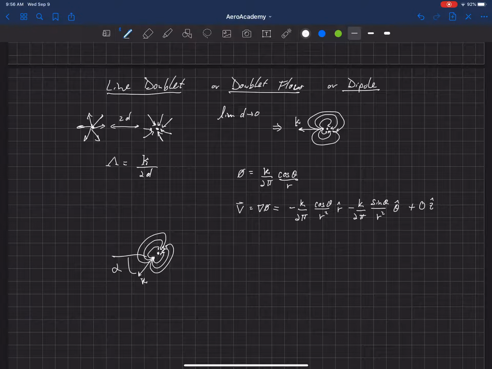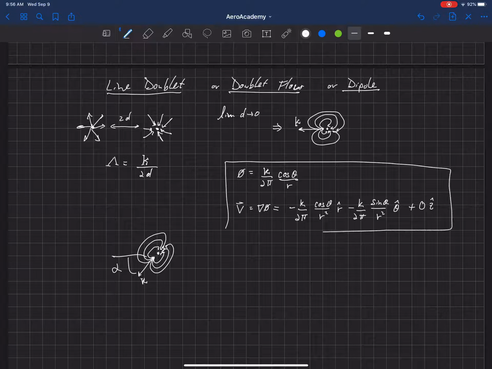Then we can generalize this equation here, which just assumed that kappa was lying on the x-axis, but we could generalize that if we have a rotated doublet.